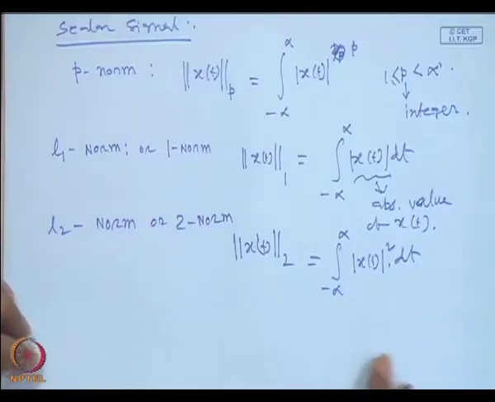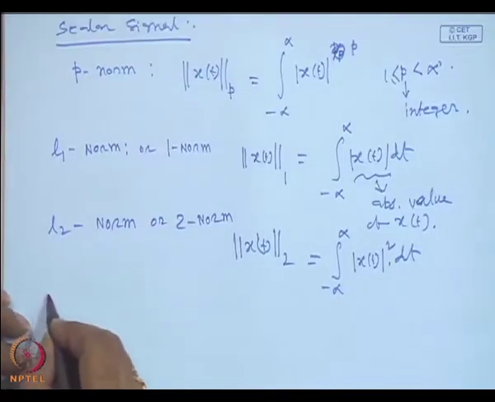If you consider a unit resistance and pass a current x of t, then I square into R is the power over the interval, which gives the energy. So this is the representation of energy content in the signal, provided x tends to 0 as t tends to infinity.